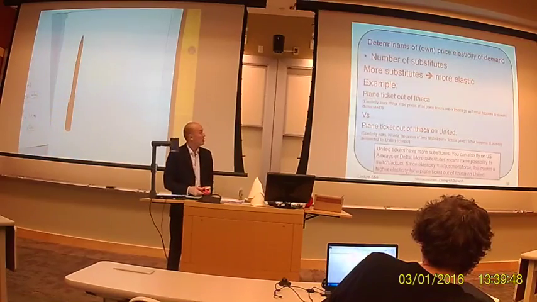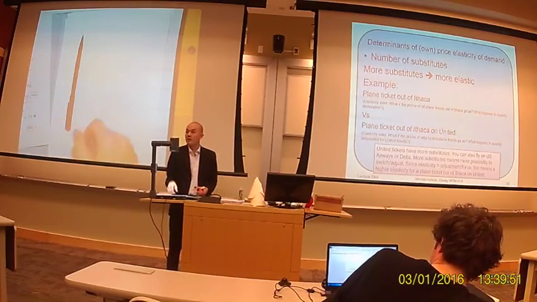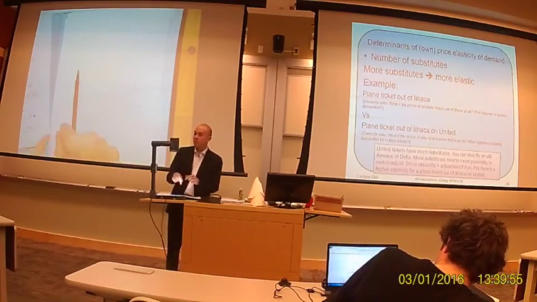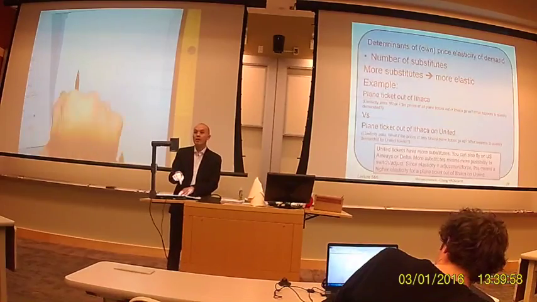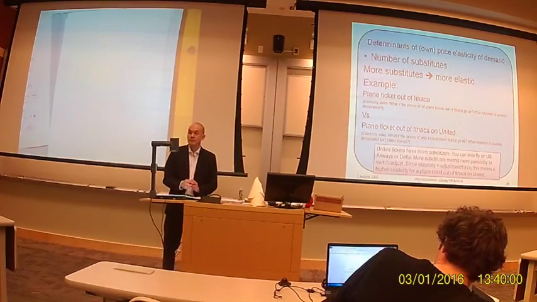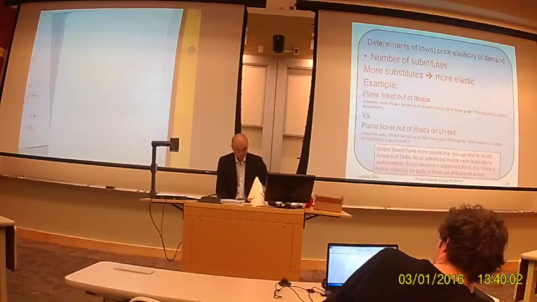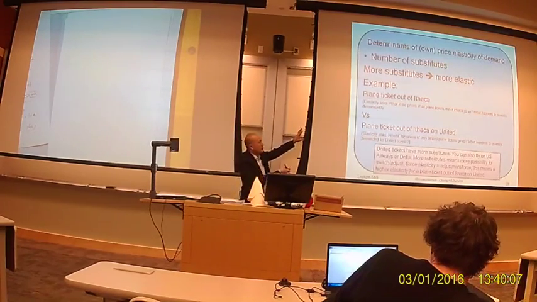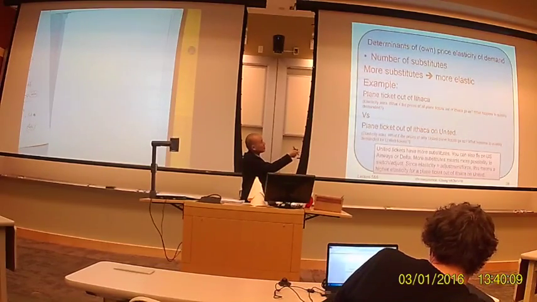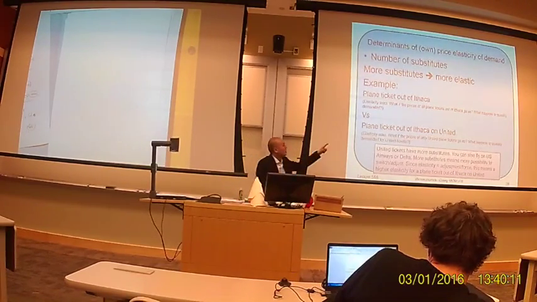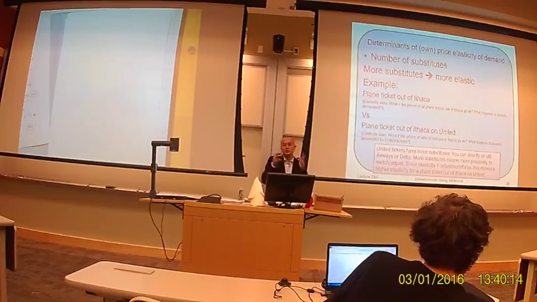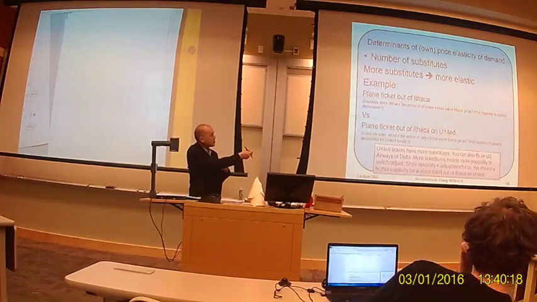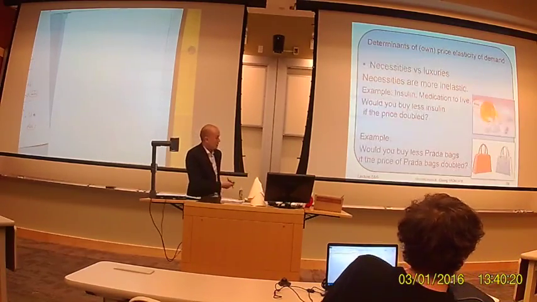So that's why more restaurants means more elastic demand. And it would be demand for that one restaurant, not restaurants overall. As you'll notice, in these examples I'm changing the good, which is why this is confusing. In the first one, the good is just plane tickets out of Ithaca. In this one, it's plane tickets out of Ithaca on United specifically, so it's a different good. This one has more substitutes, this one has fewer substitutes.